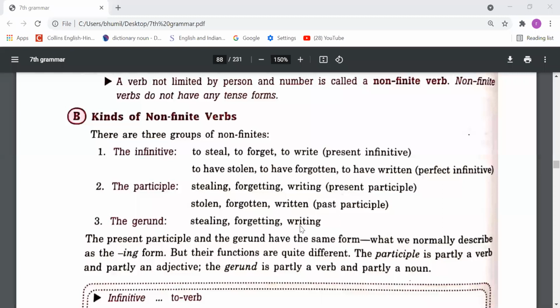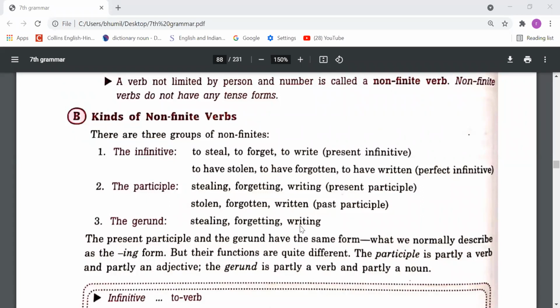But here you just have to understand that three types of non-finite verbs are there. First is called infinitive, second is called participle, third is called gerund. Further, infinitive is divided into two parts: present infinitive and perfect infinitive.